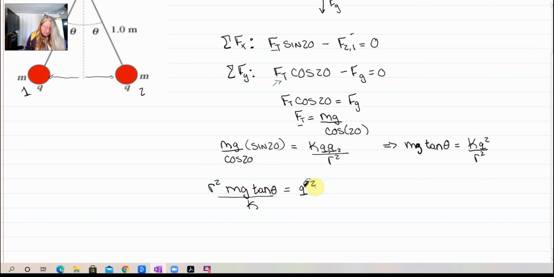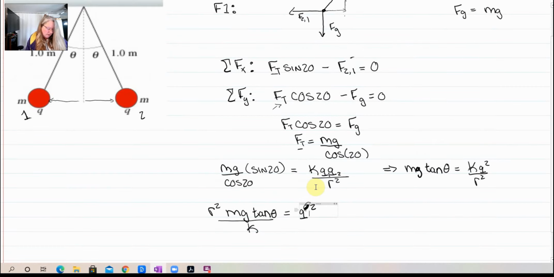All right, so the only thing we don't know to be able to button push is what the distance is. I can come back to this trig function, and I need this side. That's going to be the opposite side. So sine equals opposite over hypotenuse.